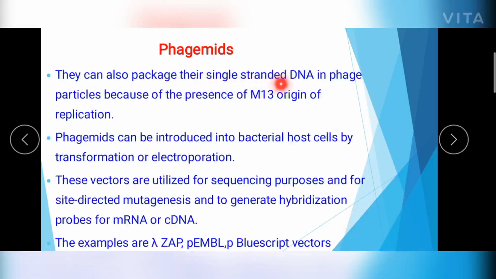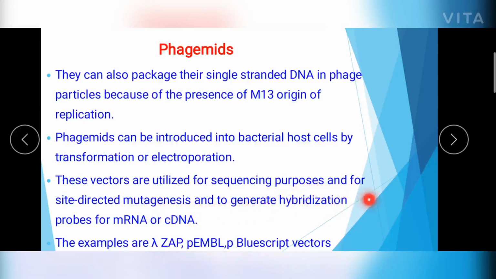They can also be packaged as single stranded DNA because they have a phage origin of replication, so they can propagate in the single stranded form and be packed inside the phage head because they have a packaging protein. These vectors are utilized for sequencing, for site directed mutagenesis, and to generate hybridization probes like mRNA or cDNA probes.